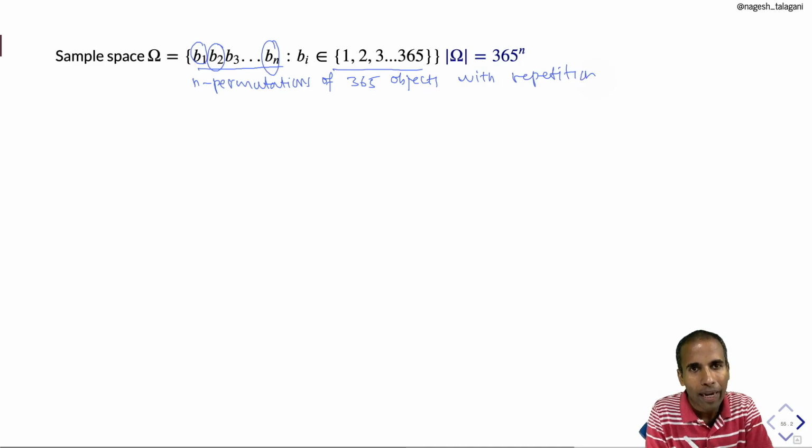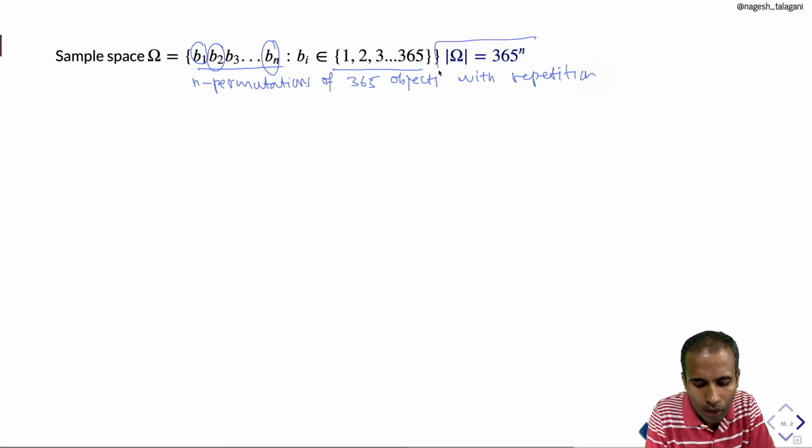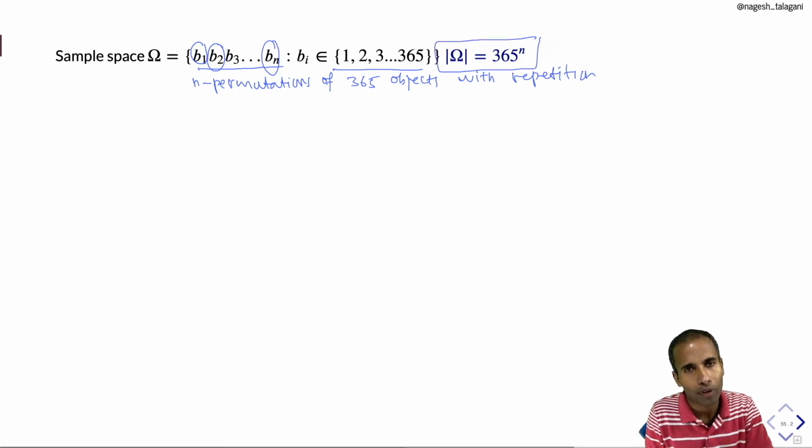And we know how to count permutations with repetition. That's why the number of elements in omega is going to be 365 to the power of n. Okay, fine.